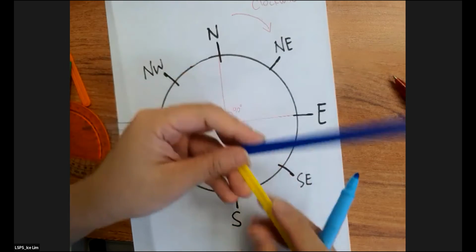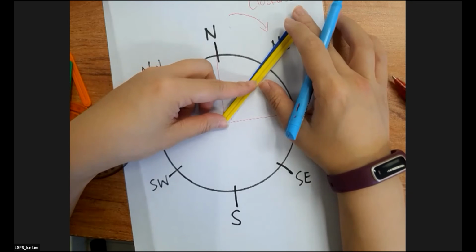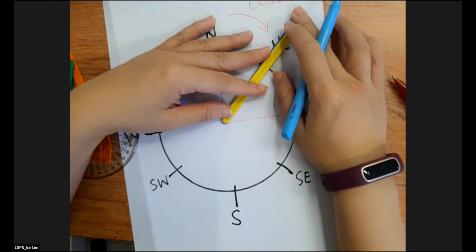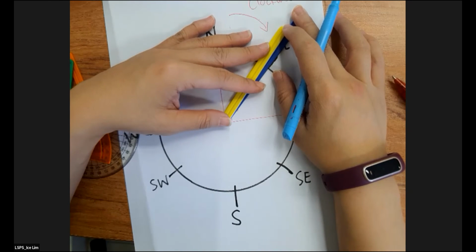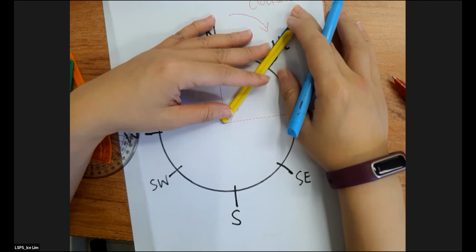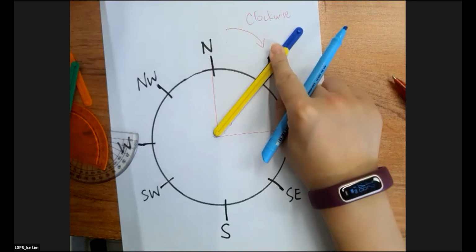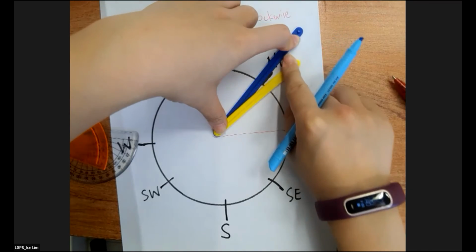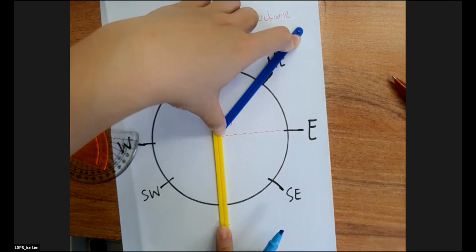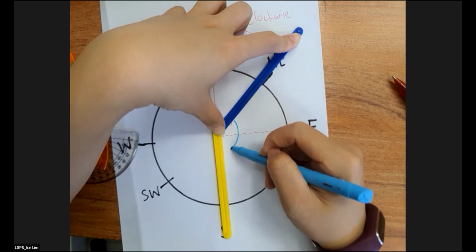If I start at northeast and I turn clockwise to south, what is the angle here?